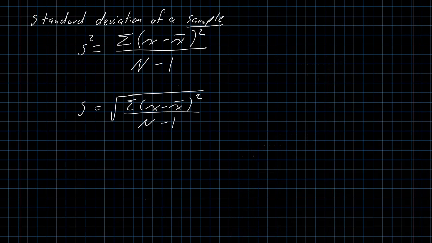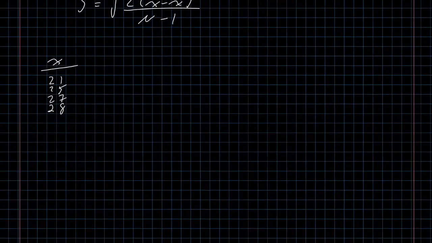And the calculation looks very much the same. If I have a set of scores here, we'll call X. Let's go with a very small sample distribution this time. We have scores of 21, 25, 27, and 28. And we can go through the same process. We can find the number of scores in the distribution.